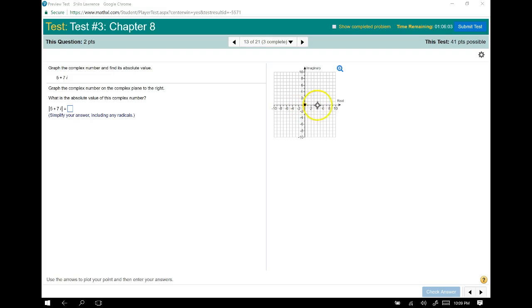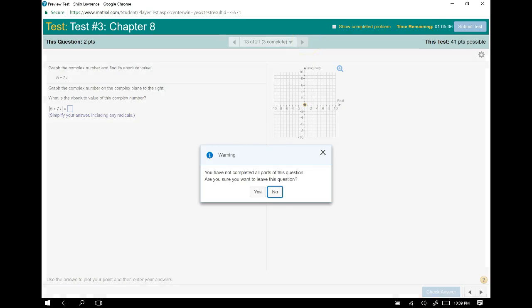So if we were to plot that point and draw the triangle associated with it, it would be the same as finding the hypotenuse for the triangle. So we'd have a triangle that had an adjacent side of 5, opposite side of 7, and it wants to know the hypotenuse. So the absolute value wants to know the distance that point is from the origin.